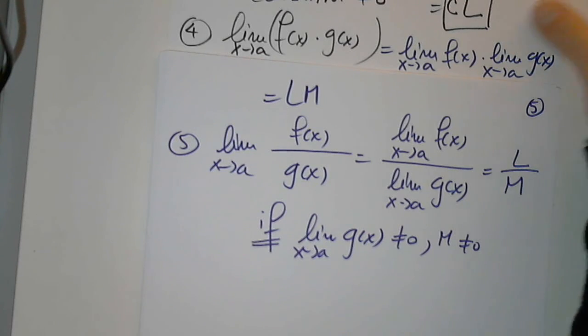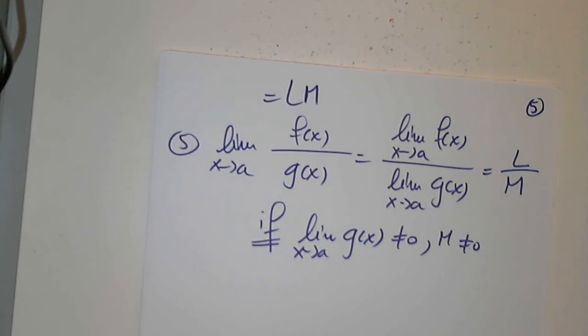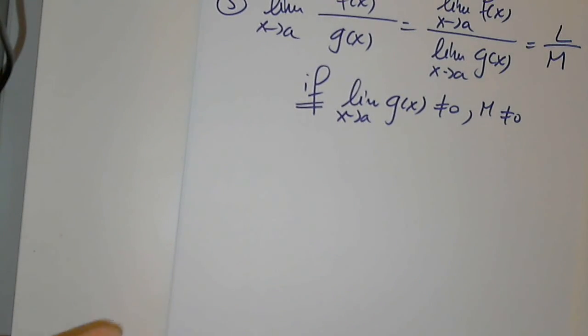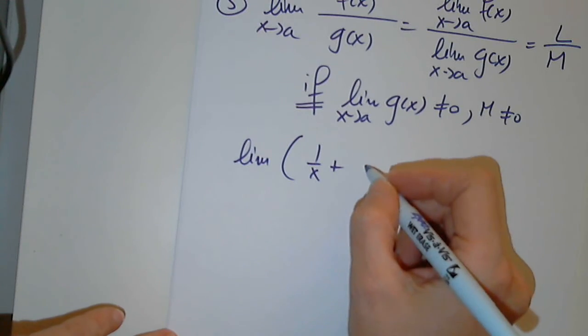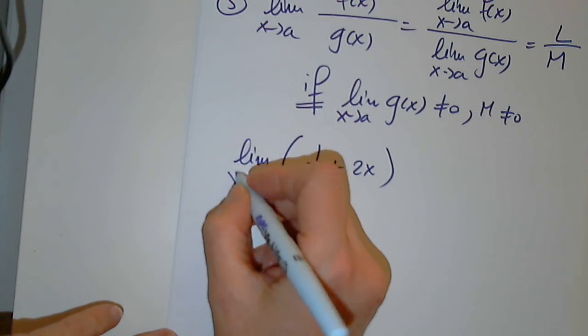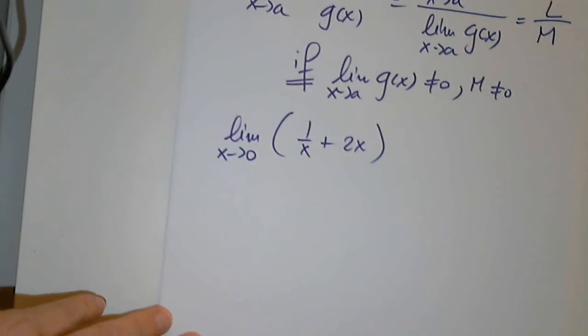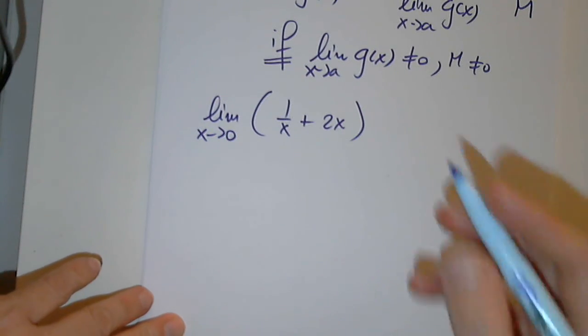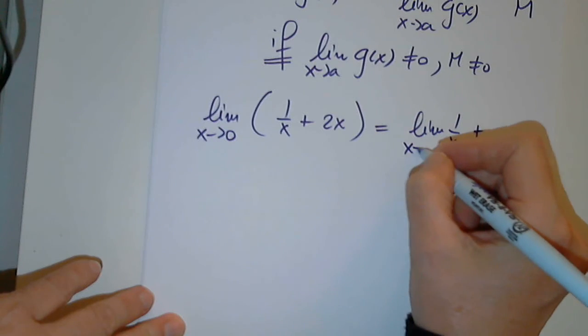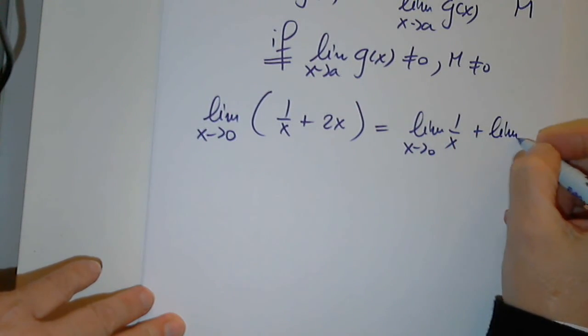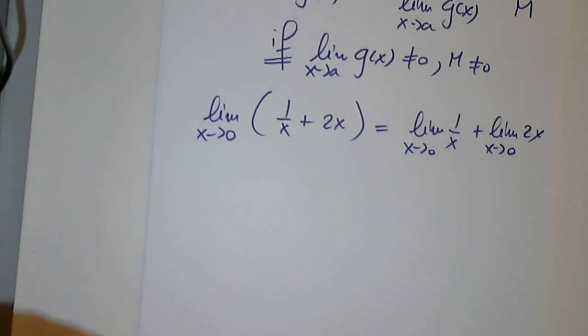I want to give a short example and then we move on to the rest. So let's say I have the limit of 1 over x plus 2x when x approaches 0. And I just studied that the limit of a sum is the sum of the limits. And I write this.